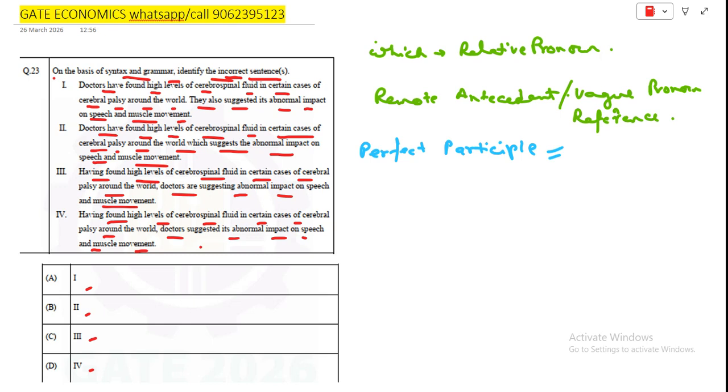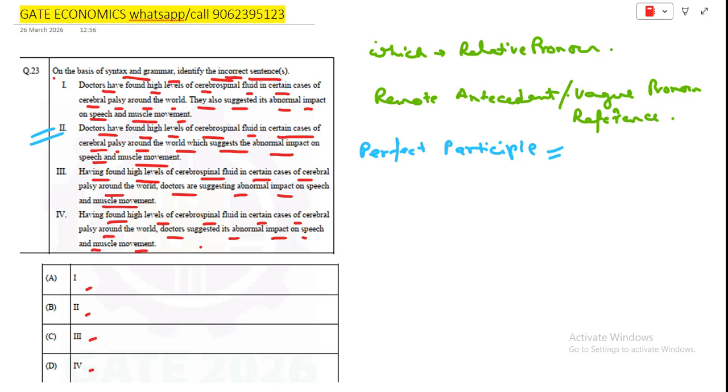Now sentence 1 is also safe. It's just 2 simple, boring but grammatically correct sentences. Now, why B is our villain? The incorrect statement is statement number 2. But we have to know why. The which glitch. Okay, as I mentioned, which usually refers to the noun immediately preceding it.